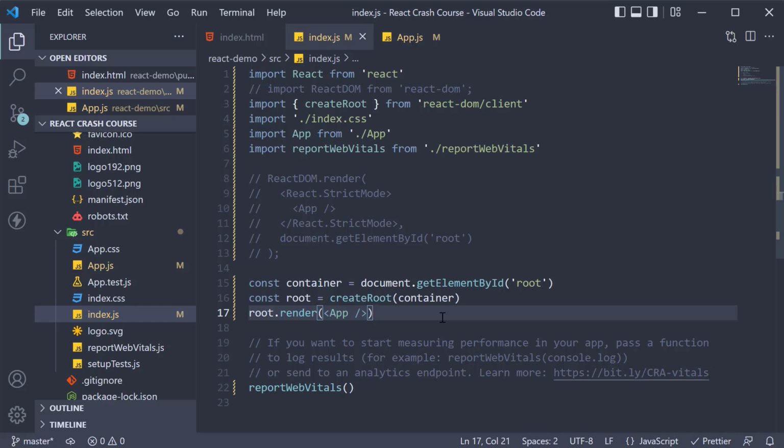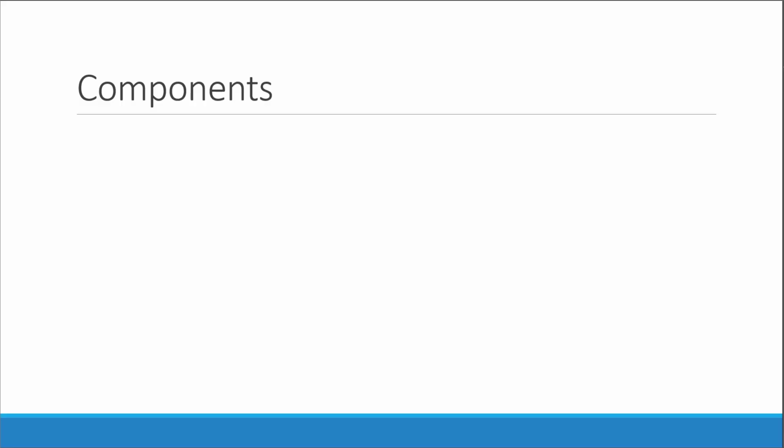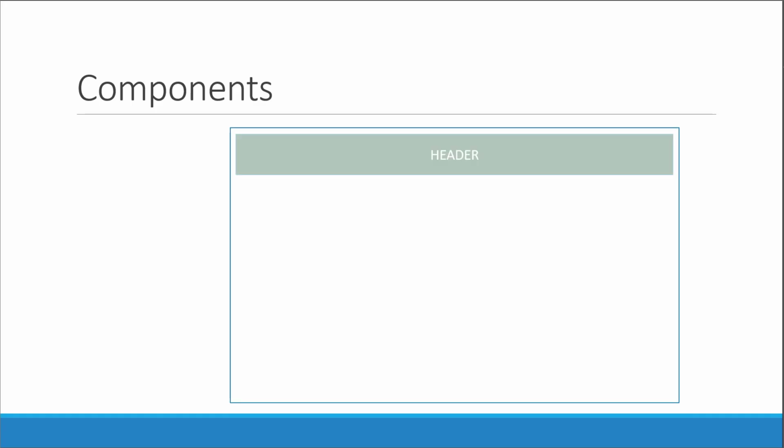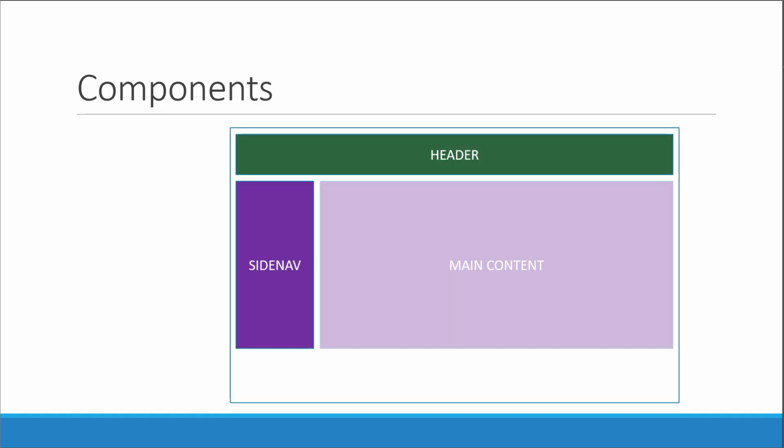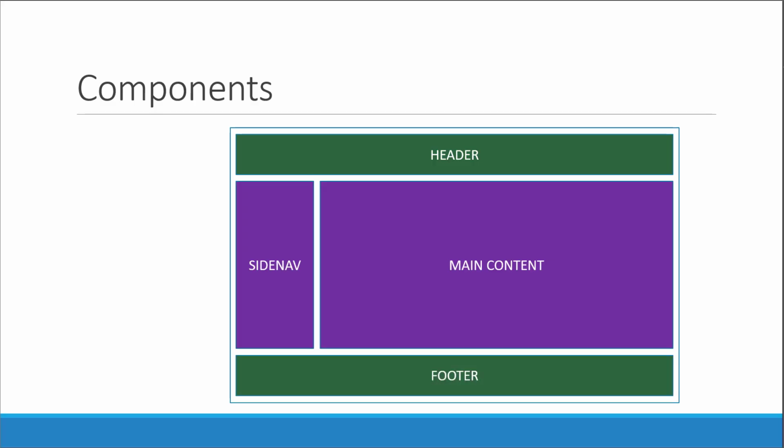Now, I have mentioned the word component several times already. But what exactly is a component? Let's understand that next. In React, a component represents a part of the user interface. For example, a traditional website can be broken down into header, side nav, main content, and footer.